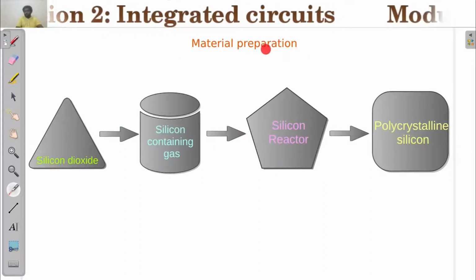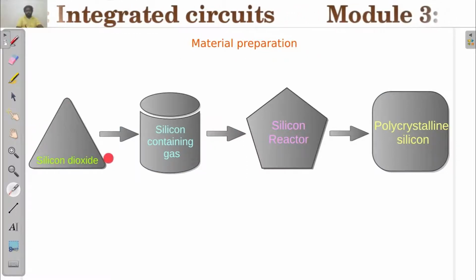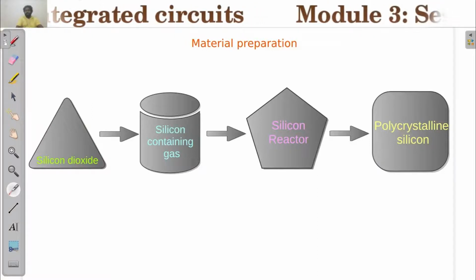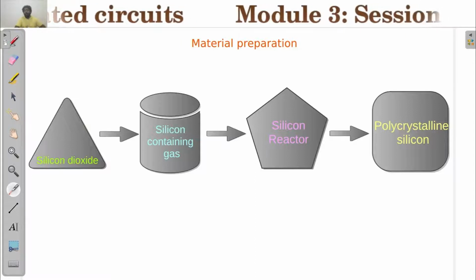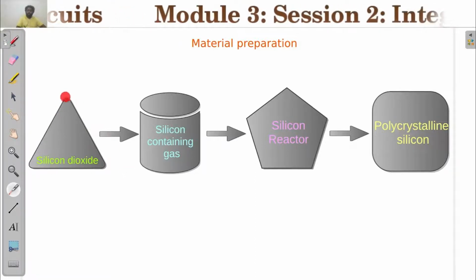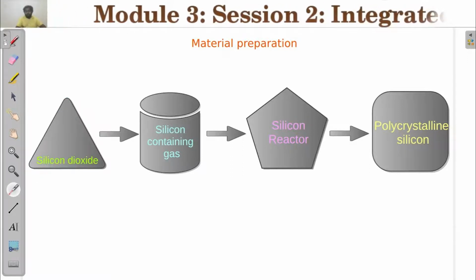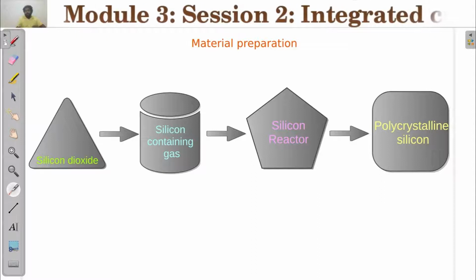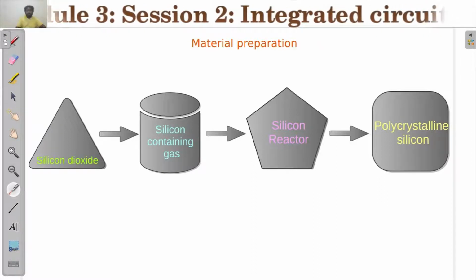Our material preparation stage starts with obtaining silicon dioxide, which is obtained as sand, and we know that silicon dioxide is very abundant in our sand. We will gather a lot of silicon dioxide sand, and make it react with gases formed due to the burning of carbon like coal, coke, etc., or wood.